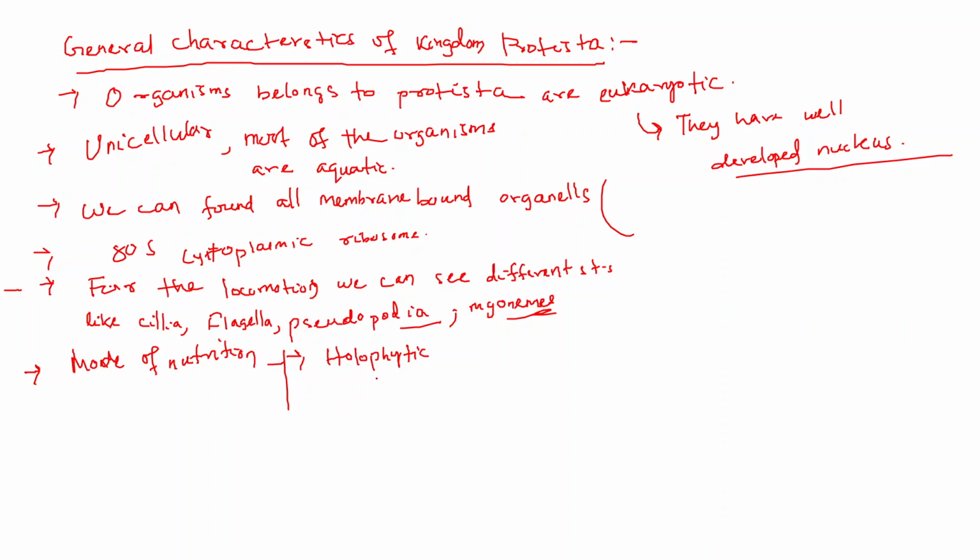Holophytic means the photosynthetic process. Photosynthetic nutrition means they are autotrophs. Holophytic mode of nutrition means they are autotrophs or photosynthetic.